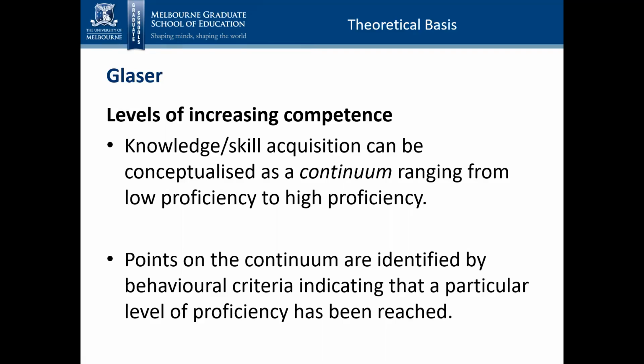While that continuum existed, every point along the continuum could be described or identified by a developmental behavioural criteria. And by noticing those changes of behaviour, you could identify growing skill or increasing competence.